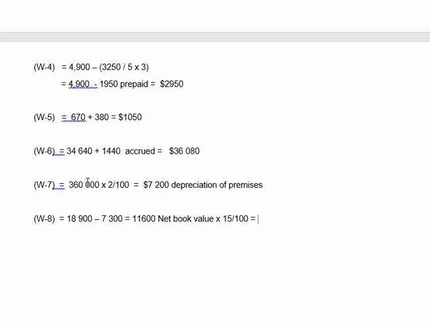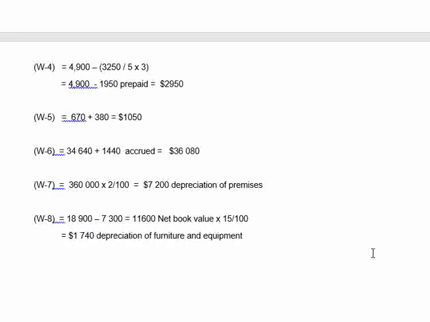So after multiplying this with 15 over 100, the depreciation amount is 1740. Very good. So this is our depreciation of furniture and equipment. This is good.